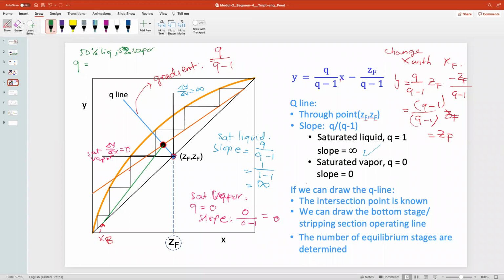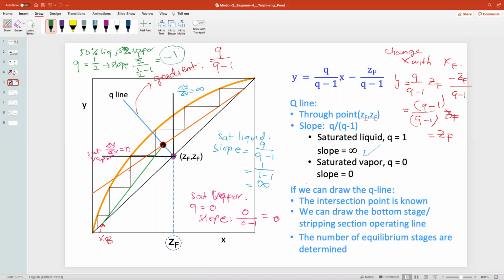So if it is 50% liquid and 50% vapor, what is your Q? Is it half? Yes, that's right. How about the slope? The slope is half divided by half minus 1, which equals minus 1. Good.